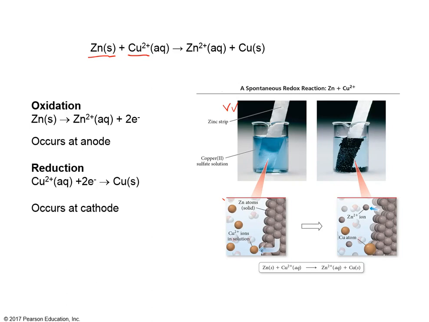Why is the zinc strip dissolving in copper sulfate? Because it is changing from zinc solid to zinc ion. So in this case, it is dissolving. As it is dissolving in the copper sulfate, the zinc is losing electrons.